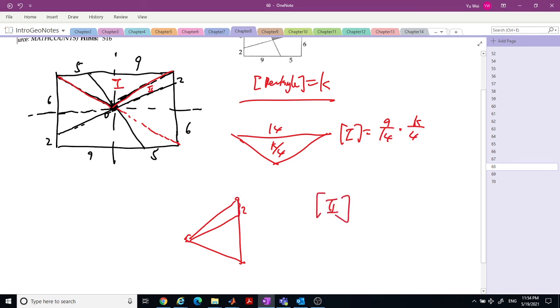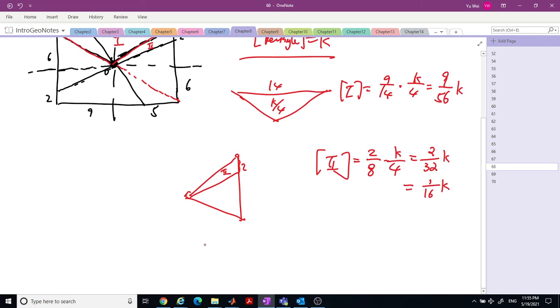So piece 2 is equal to 2 over 8 times a quarter of K. So now this part is equal to 32 over 2K, which is 1 over 16 K.